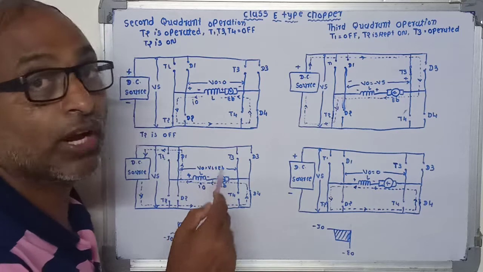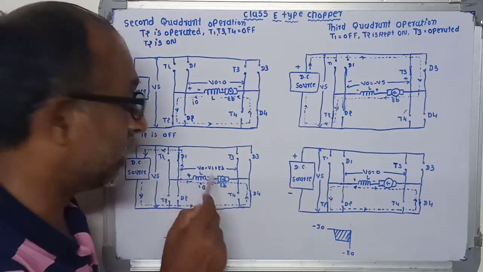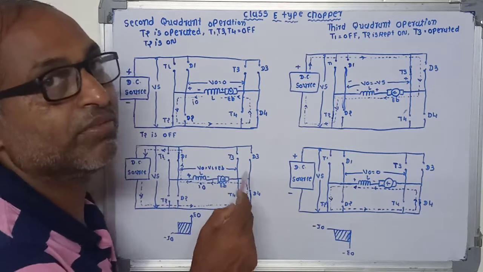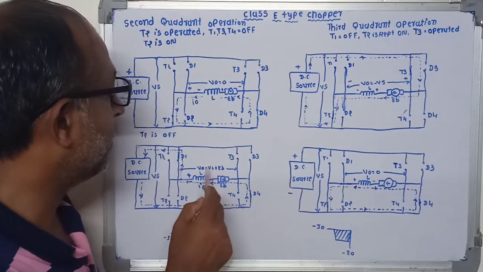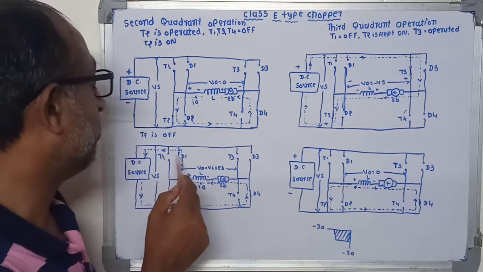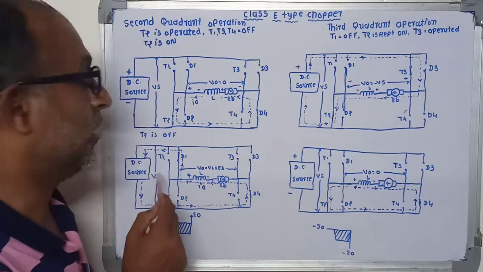You can say that your output voltage is equal to VL plus EB, where VL is the voltage induced in the inductor L, and EB is the back EMF of the motor. This voltage V0 will turn on the diode D1. So now your output voltage is greater than input voltage Vs.